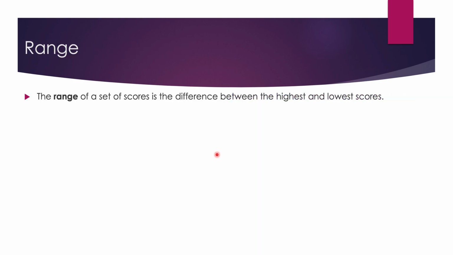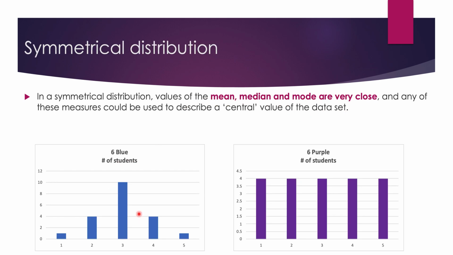Wonderful. So the range of a set of scores is the difference between the highest and the lowest score. If we look at these examples again, my highest score is 5 here in blue, and my lowest is 1. Therefore, my range is 4. 5 take away 1, that's my range. And in my class 6 purple, the same thing. My highest score is 5, my lowest is 1, then my range is 4.